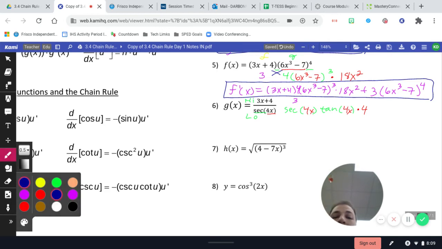Then we are cross multiplying for our low d high. Remember, it's low times derivative of high minus high times derivative of low, all over low squared.